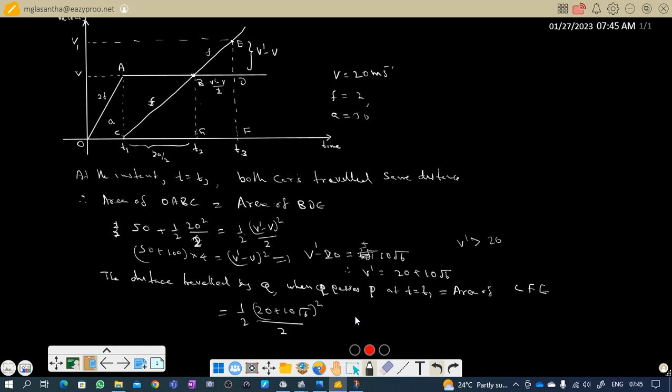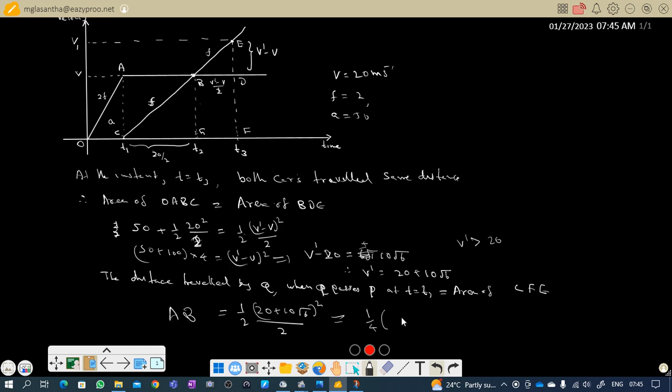So this is half V dash squared over 2. If you simplify this one, 1/4 times. So this is actually distance AB.